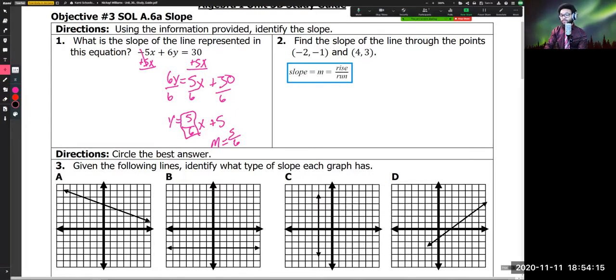And the formula for that is going to be our second y value minus our first y value. So that's y2 minus y1 all over, I forgot I have to put this whole thing in parentheses to do that.